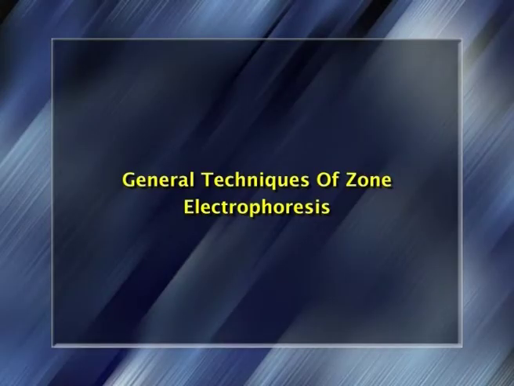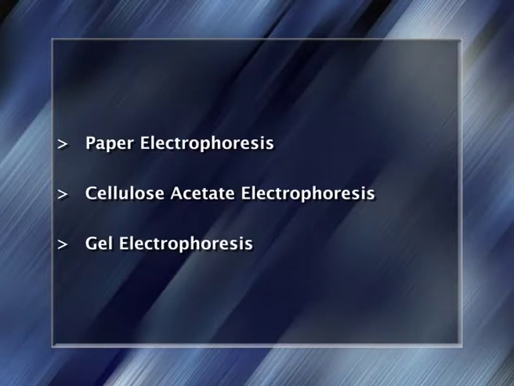Now let me enlighten you with the general techniques of zone electrophoresis. It includes paper electrophoresis, cellulose acetate electrophoresis, and gel electrophoresis. Firstly, we will discuss paper electrophoresis.